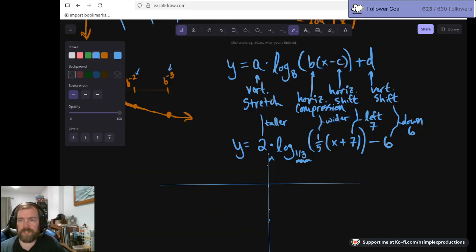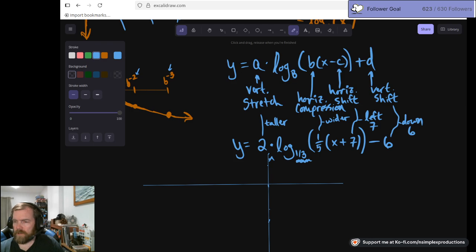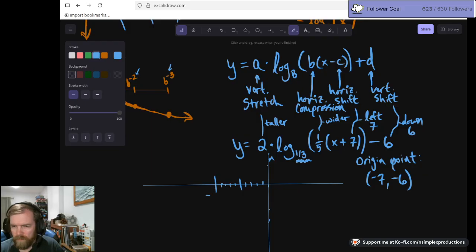Instead of being at 0, 0, our origin point has moved to be at -7, -6. And we don't need to go anywhere near that far.